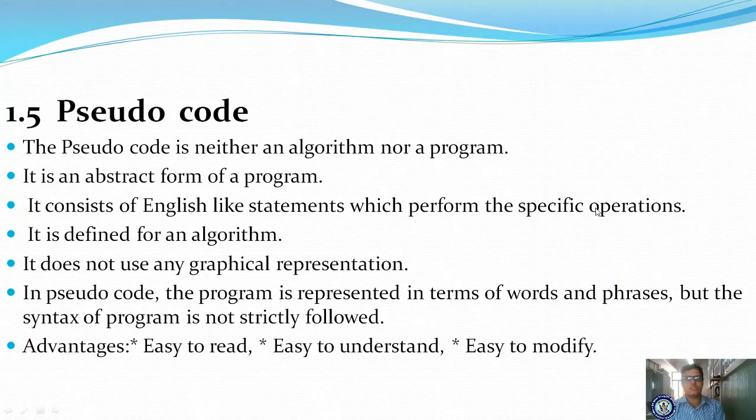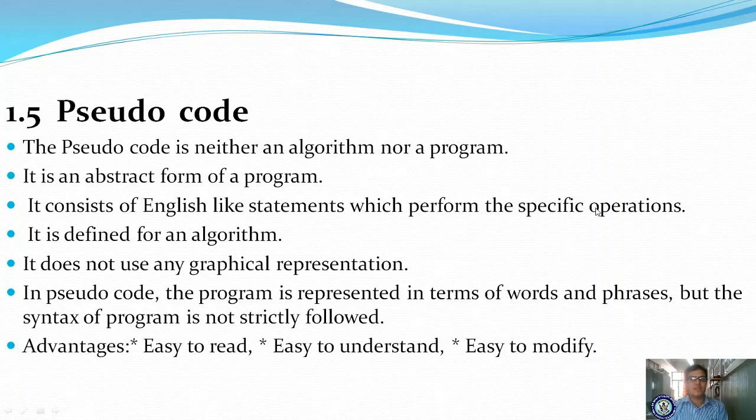Abstract means essential details. For example, you are using a fan at home, right? The essential parts are only the switch and the fan. You concentrate only on essential details, not on non-essential details such as cable wires, bearings, nuts, bolts, everything.